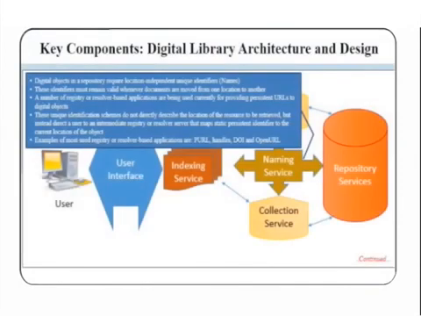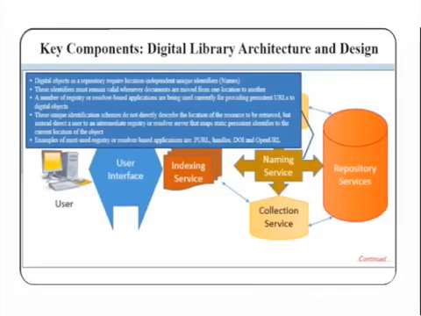The naming service. Digital objects in a repository require location-independent unique identifiers or names. This identifier must remain valid whenever documents are moved from one location to another. A number of registry or resolver-based applications are being used currently for providing persistent URLs to digital objects.